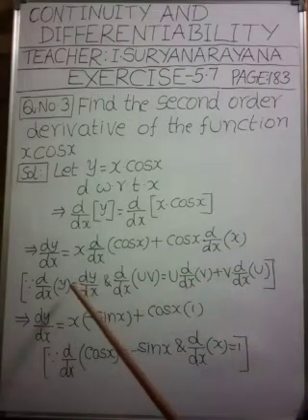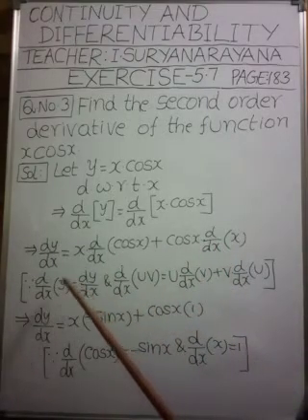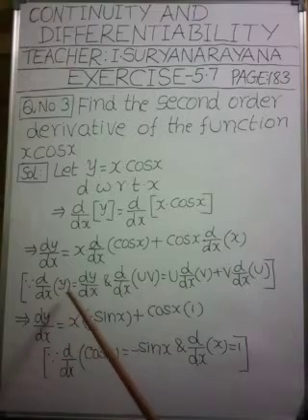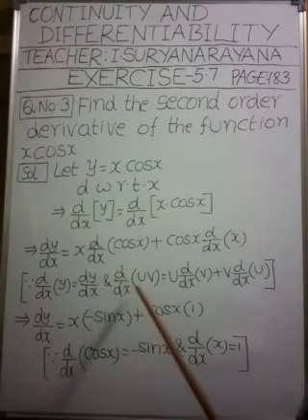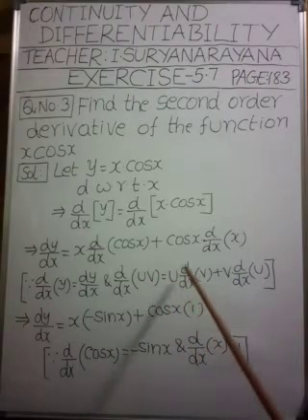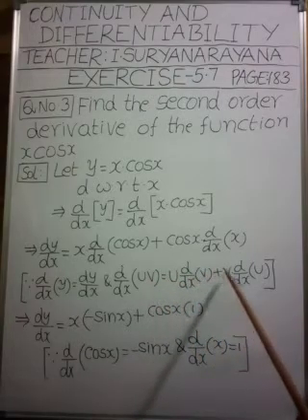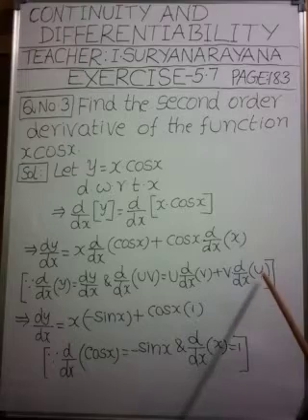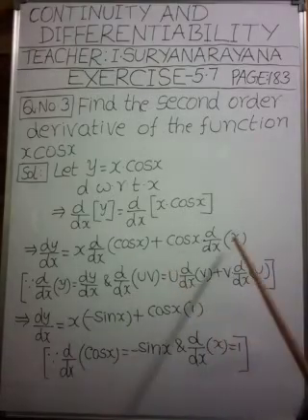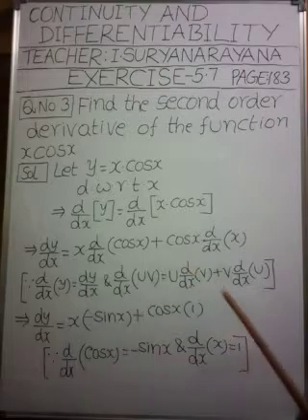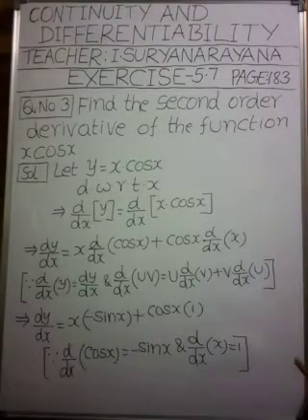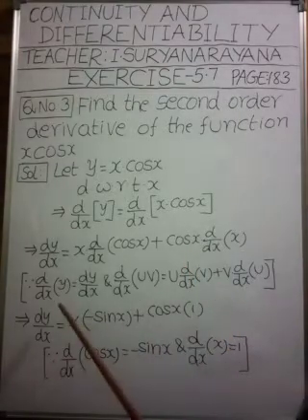I wrote those formulas clearly here because d by dx of y is equal to dy by dx, and d by dx of uv is equal to u into d by dx of v plus v into d by dx of u. Understood this step, my children? We used these 2 points to get this step. Understood that step, my children? Right. Now come to the next step.